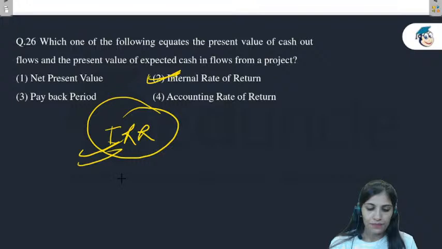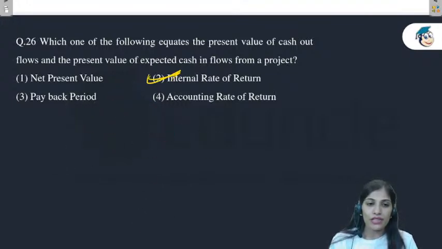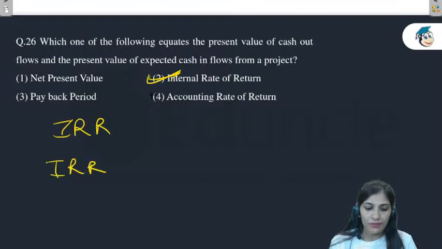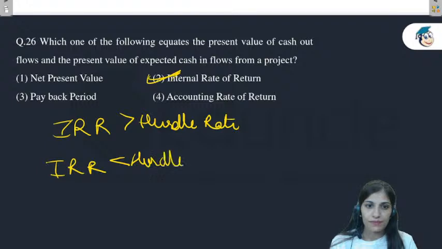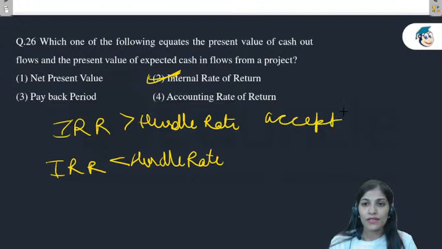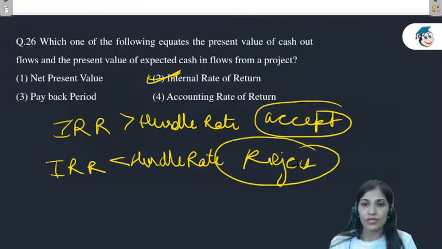See, when we are reviewing the project with the hurdle rate, if IRR is greater than hurdle rate, we will accept the project, and if it is less than, we will reject the project.